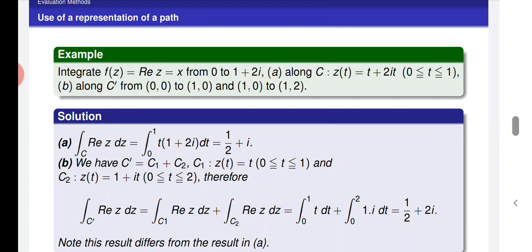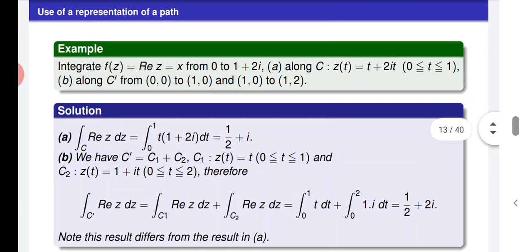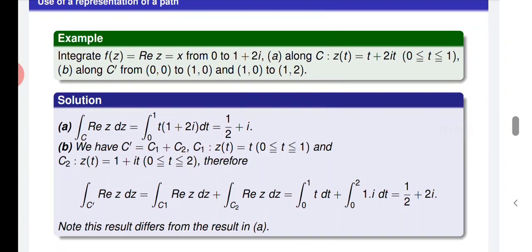Therefore, we have the integral over C dash of real part of z dz equal to the integral over C1 of real z dz plus the integral over C2 of real z dz. So, by putting the values, we have the integral from 0 to 1 of t dt plus the integral from 0 to 2 of iota dt. On solving, we have 1 by 2 plus 2 iota. Note that this result differs from the result in part A.